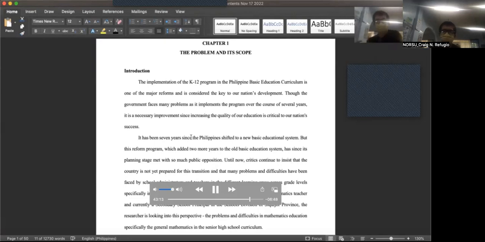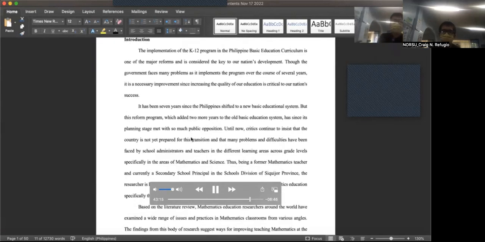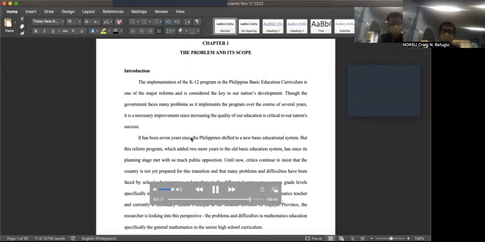And then second page. Second page is the table of contents. I want you to have a sample, of course, you know what a table of contents is, and have the pagination also.